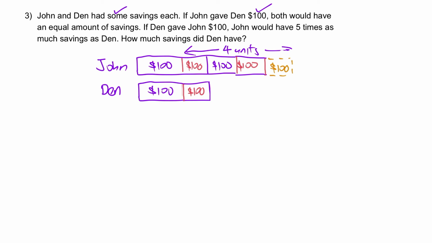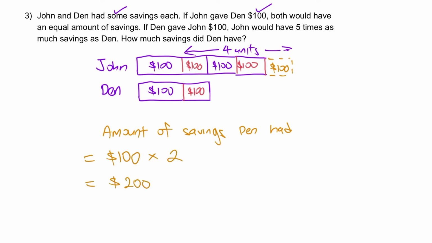Okay, so the answer, the amount of savings Dan had, is just $100 times 2 to give us $200.